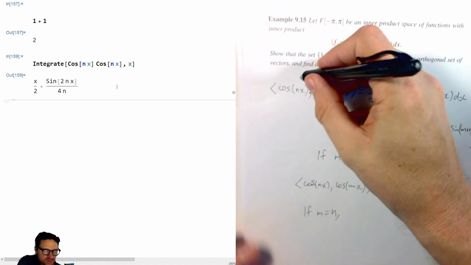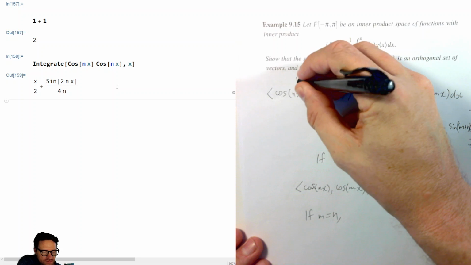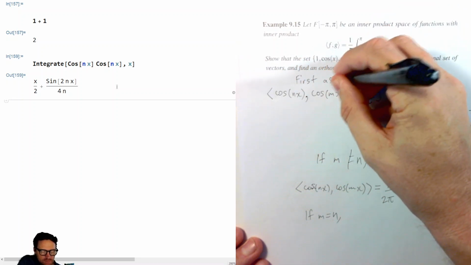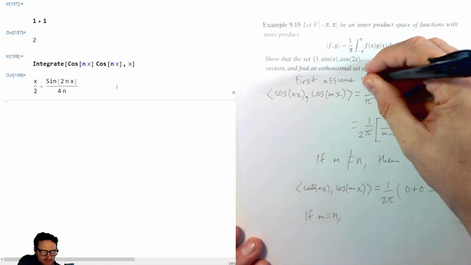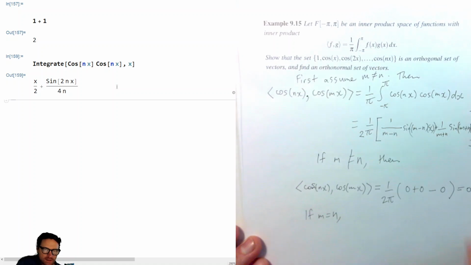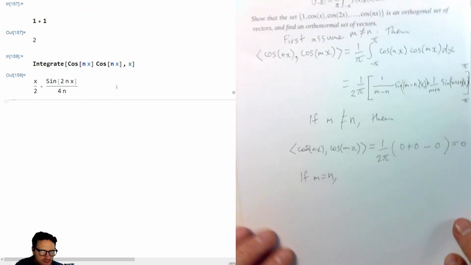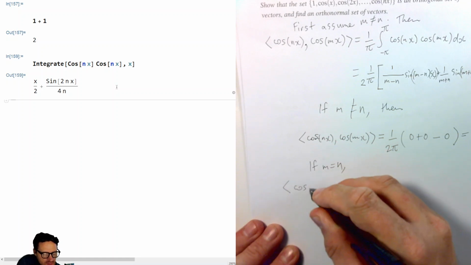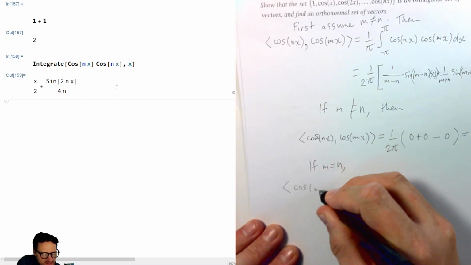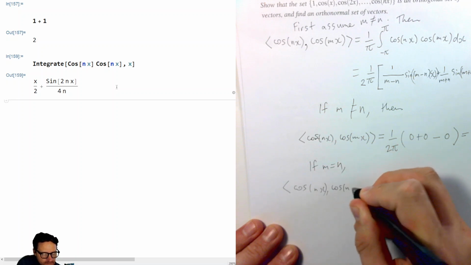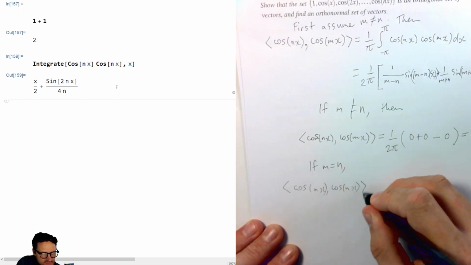All right, so up here I should really say first, assume, because that's the way we calculated that, m and n are not equal. Okay, and now otherwise this inner product looks like this.